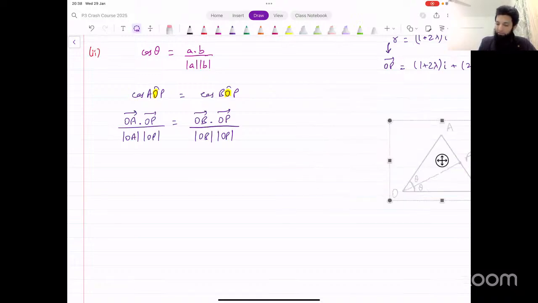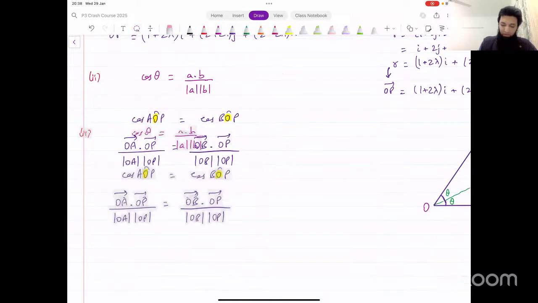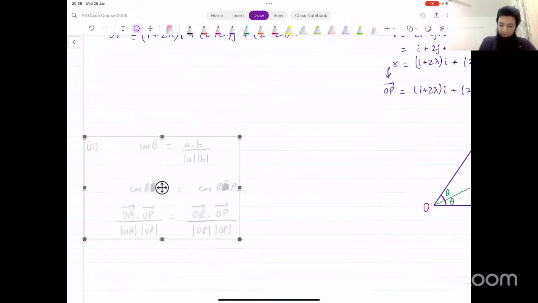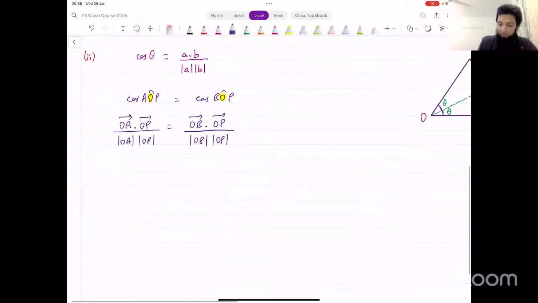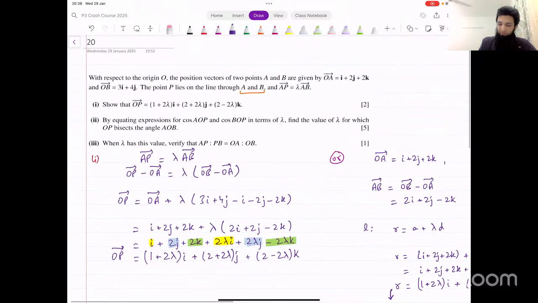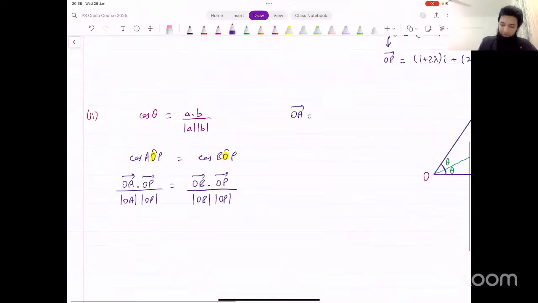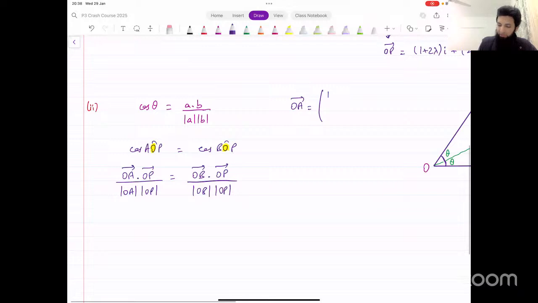Okay, let's find all of these things that we're looking for now, the dot products and the magnitudes. Do we have these vectors OA, OB, and OP? Let me write that here. OA vector was i plus 2j plus 2k. Let me just write them in column vector form to save some space: 1, 2, 2, right?